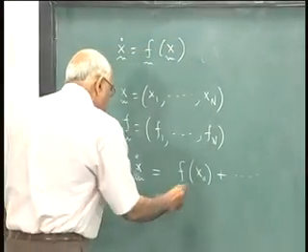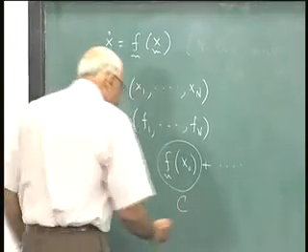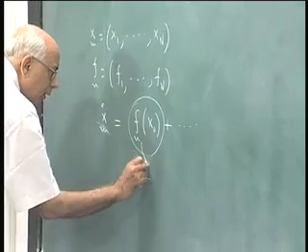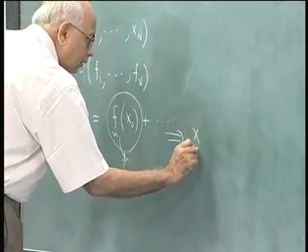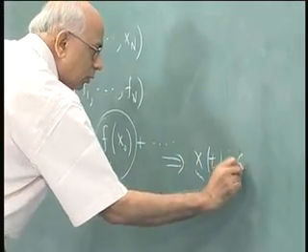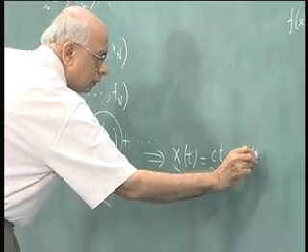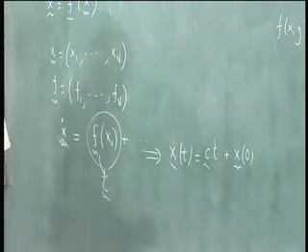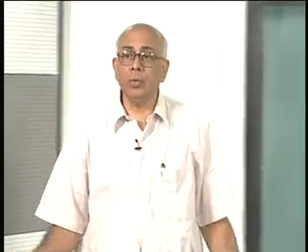When would it not be possible to say, okay, this thing here is just a constant vector c, and this would imply immediately that x of t equal to ct plus x of 0. When would this not work? If f is 0. If f of x naught is 0, then this program is not true anymore.